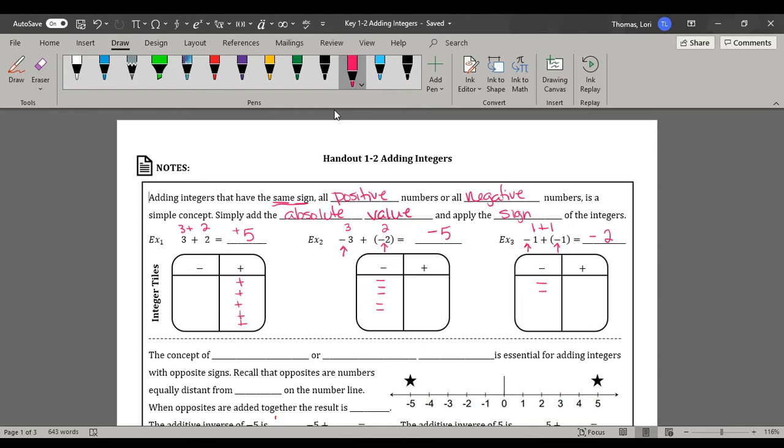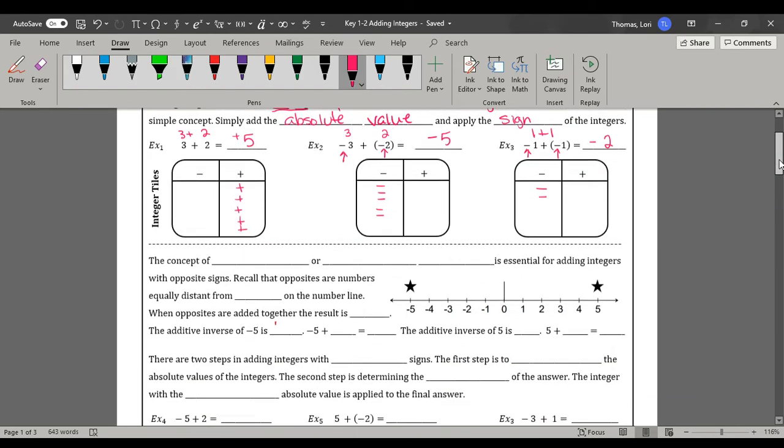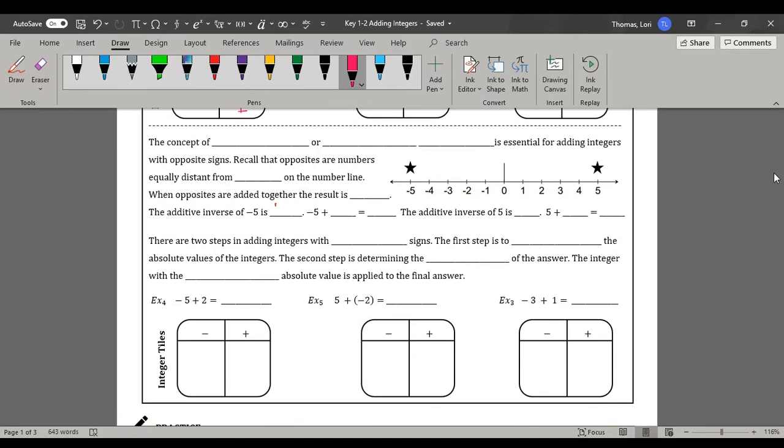Now let's take a look at adding integers with different signs. So the concept of opposites or additive inverses is essential for adding integers with opposite signs.